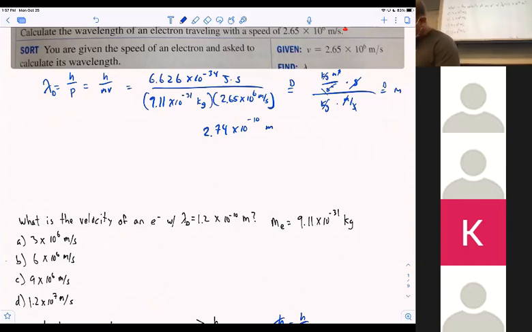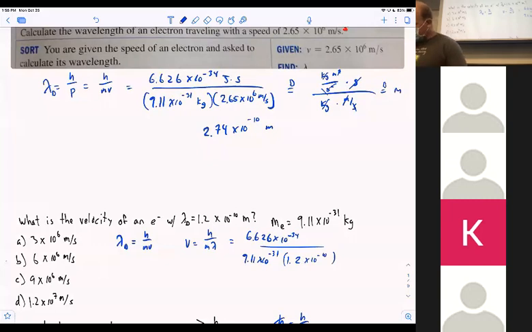If lambda = h over mv, and you want the velocity, then velocity is h over m lambda, which is 6.626 times 10 to the minus 34 over 9.11 times 10 to the minus 31 times 1.2 times 10 to the minus 10. Those are the numbers you should put into your calculator.